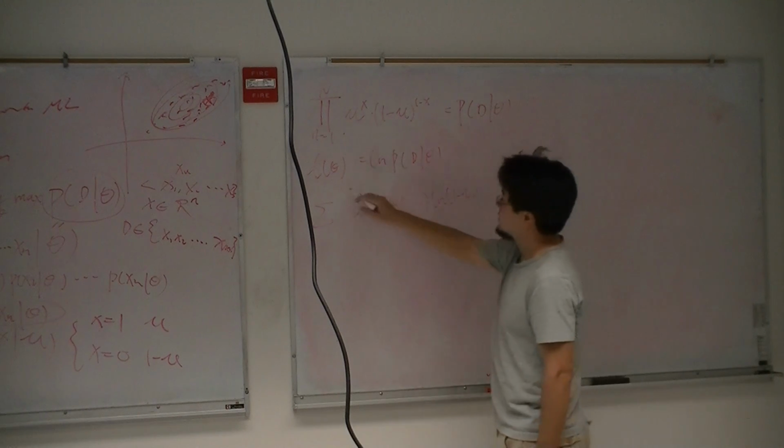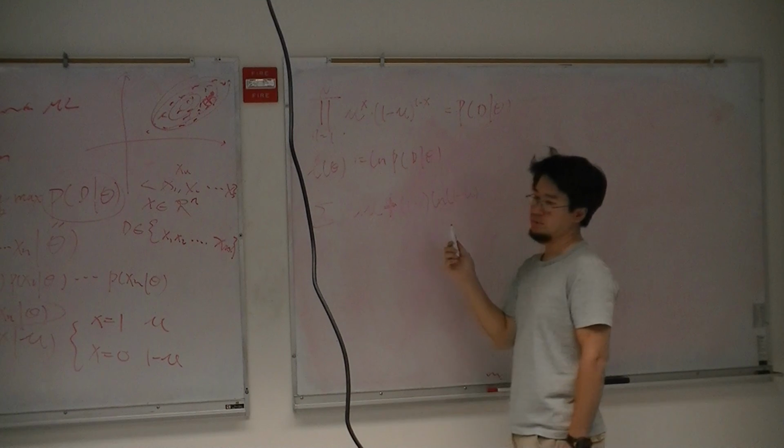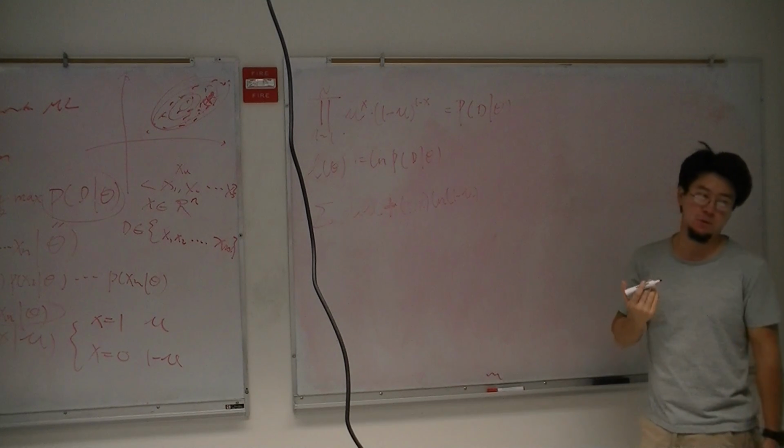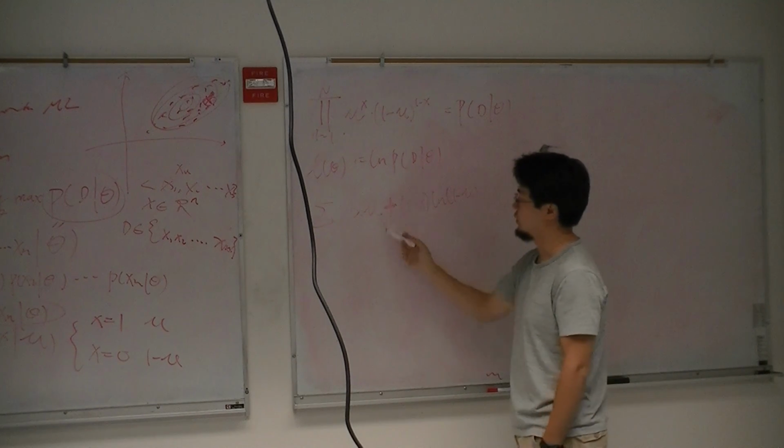So if we want to maximize this function, this is an unconstrained optimization with a single variable. So we just take the derivative with respect to mu and set it to 0.